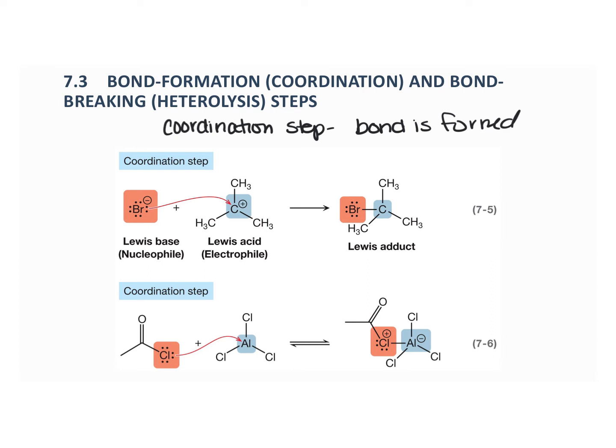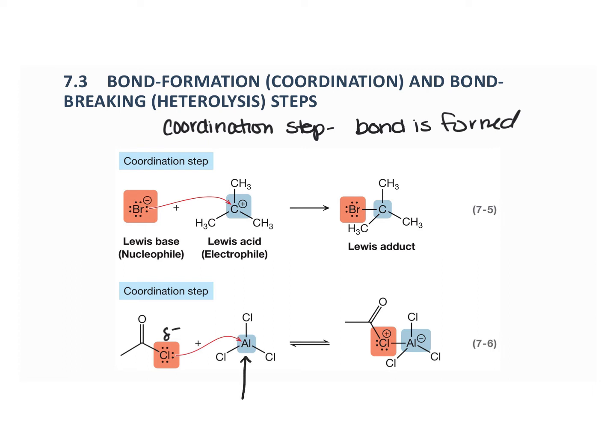In equation 7.6 here, the chlorine of CH3COCl is electron rich because it bears a partial negative charge because it's very, very electronegative. Whereas the aluminum here lacks an octet.